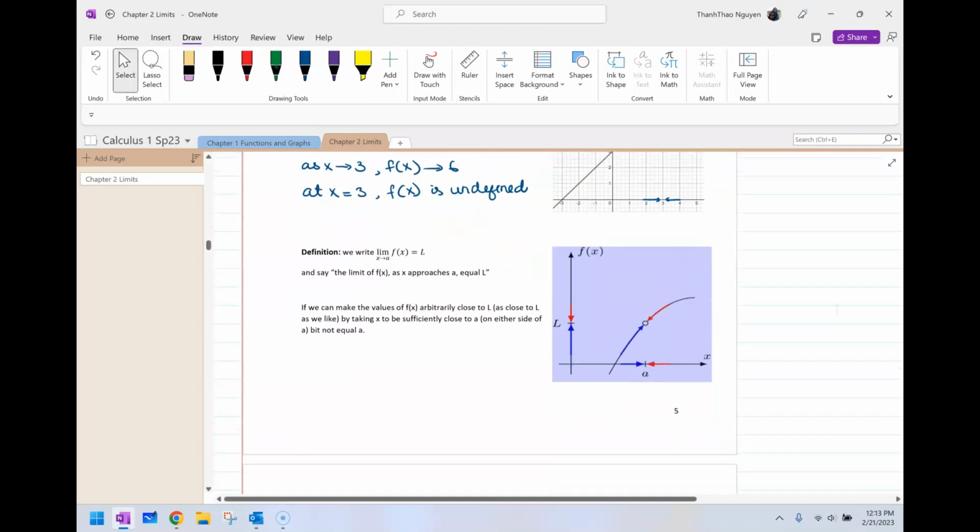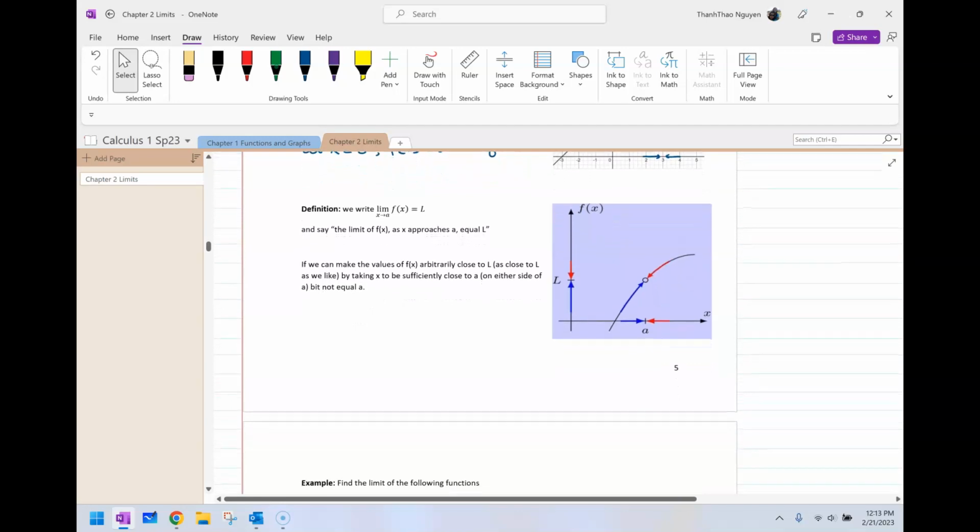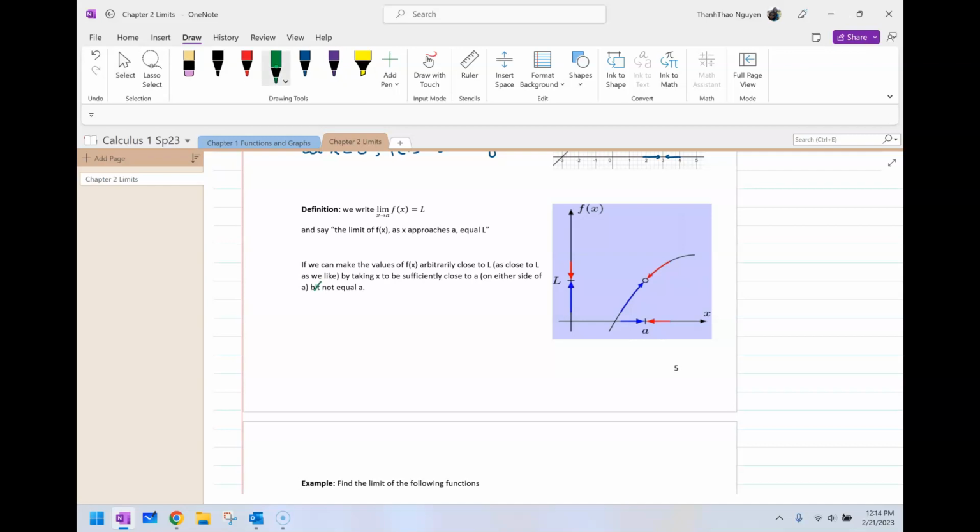Okay. Now we write the limit as x approaches a of f of x equals L, and say that the limit of f of x as x approaches a equals L, if we can make the value of f of x arbitrarily close to L, as close to L as we like, by taking x to be sufficiently close to a on either side of a, but not equal to a.